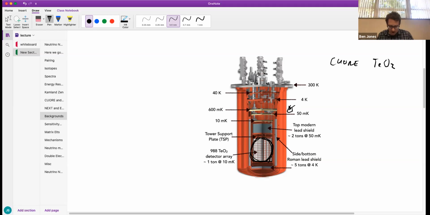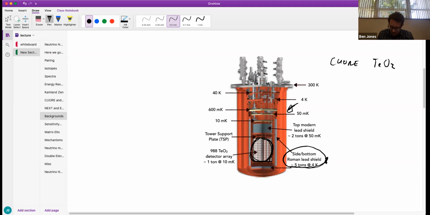And so you have this thick layer of copper, which takes away the backgrounds from all the steel and everything outside of this. And then as you move towards the middle, you move through cleaner and cleaner materials. And the very, very middle layer here is something called Roman lead. Roman lead is an especially interesting material, which only collaborations based in Italy have access to.